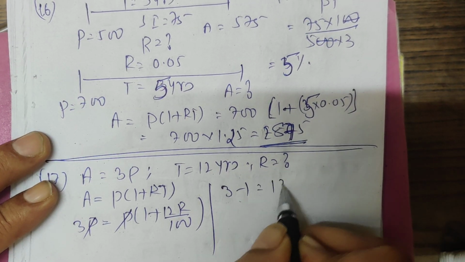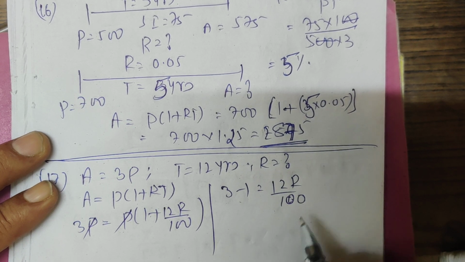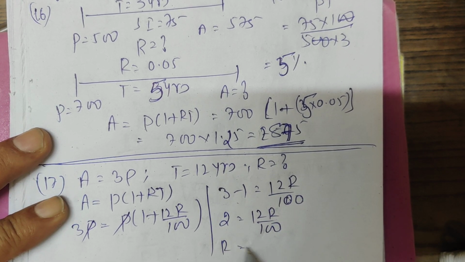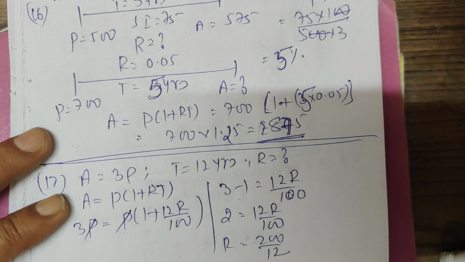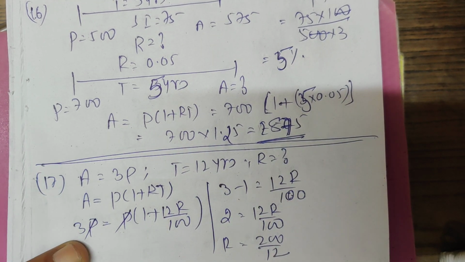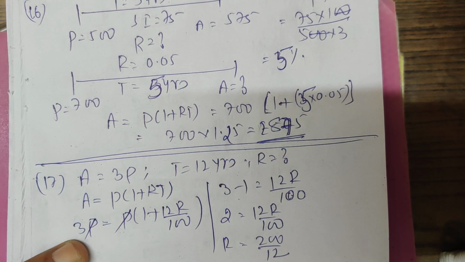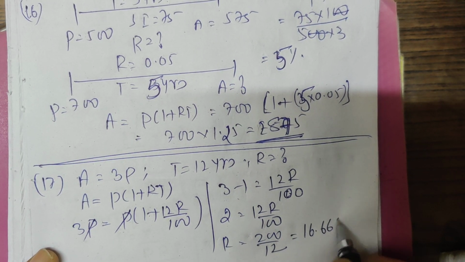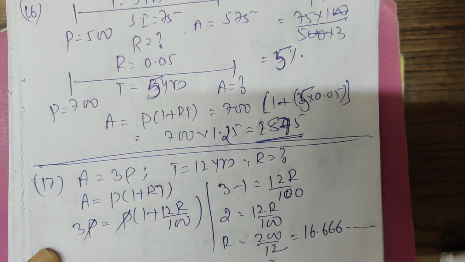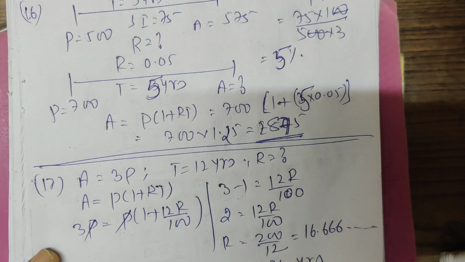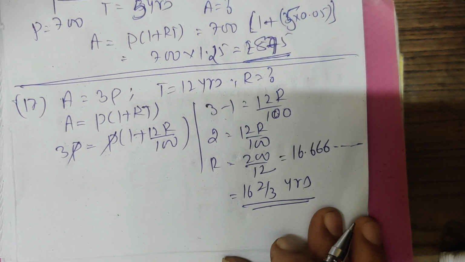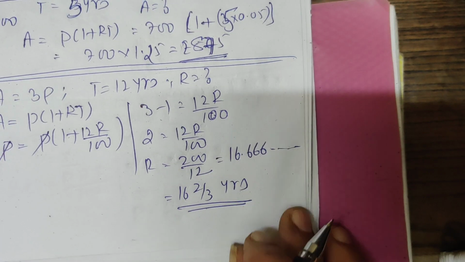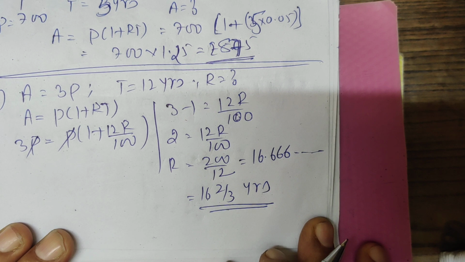So 3 minus 1 is equal to 12r by 100. 2 is equal to 12r by 100. R is equal to 200 by 12, 16.6666 recurring. This can be written as 16 2 by 3 years.